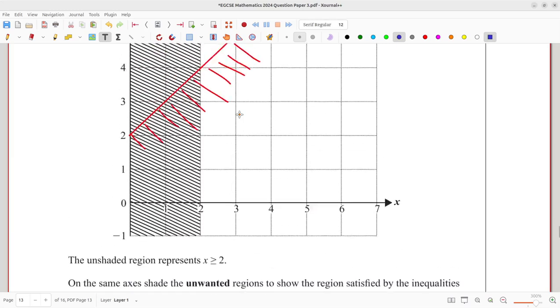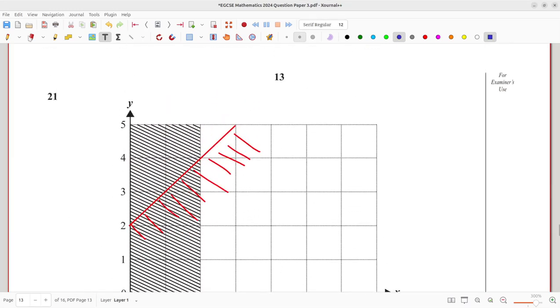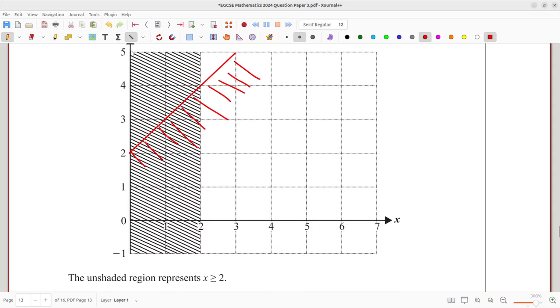So this is actually this line from there, from here, going down to this point here. Nice.